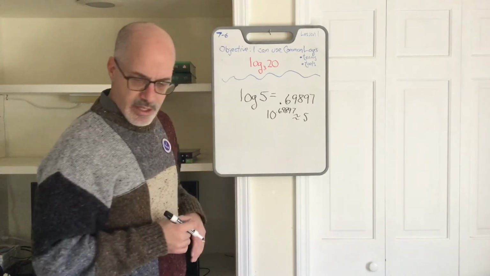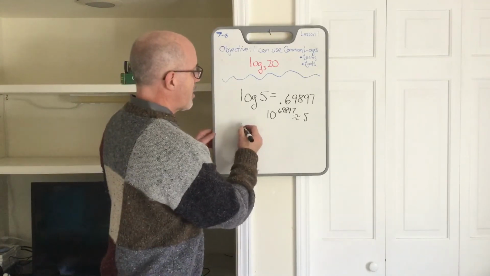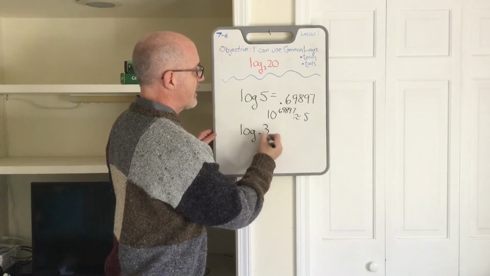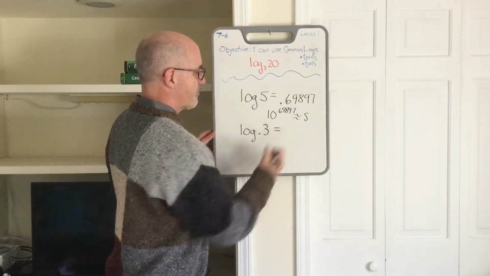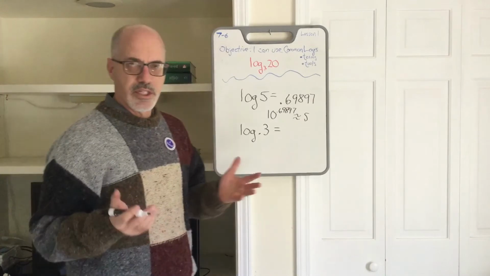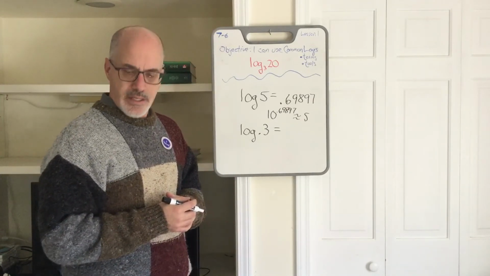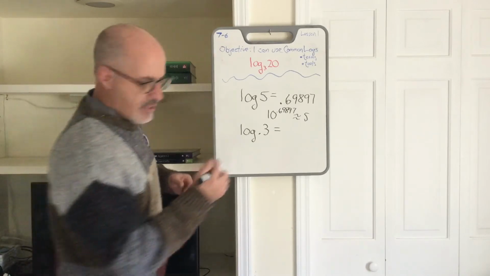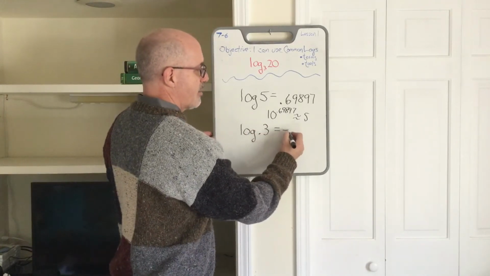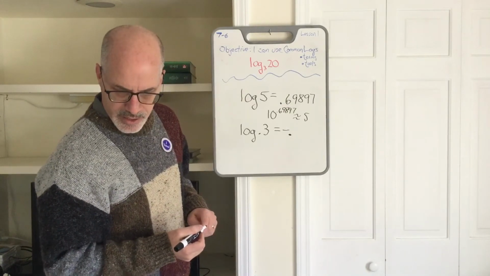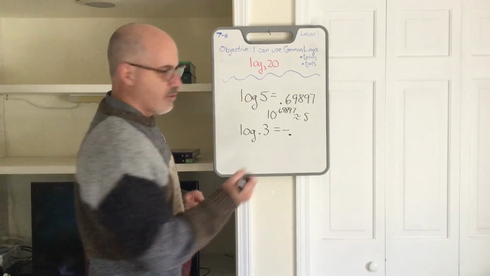Let's try another one. You try this one, see if you can do log of 0.3 on your calculator, see what you get. What we get when we do that, notice it's a negative, because if you think about it, we're going into a fraction, so we get negative 0.5229.